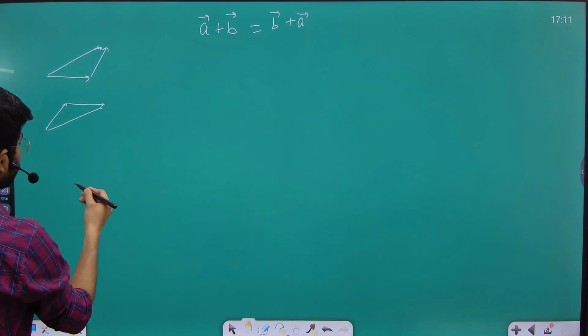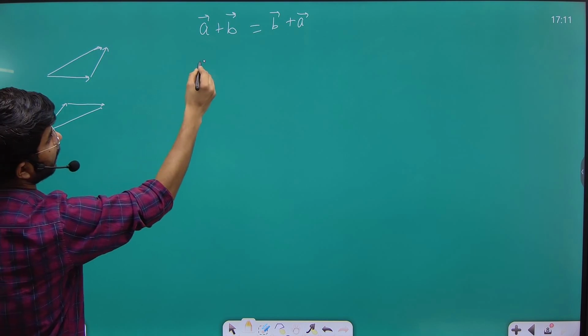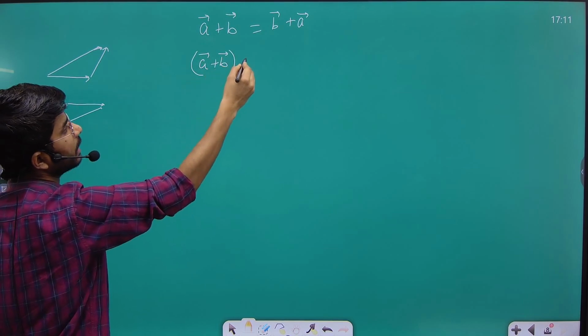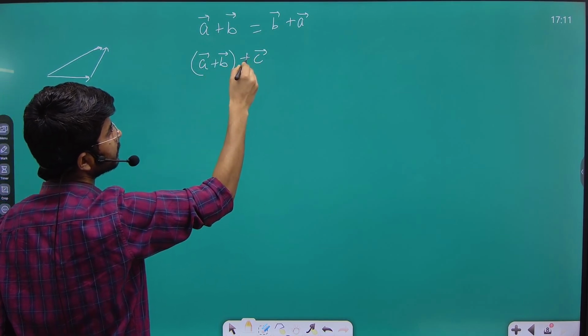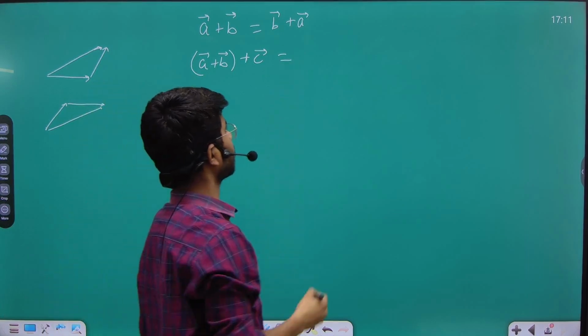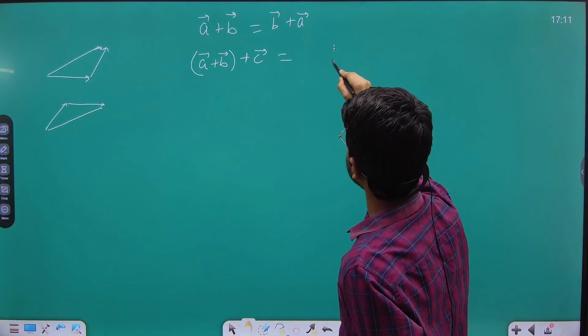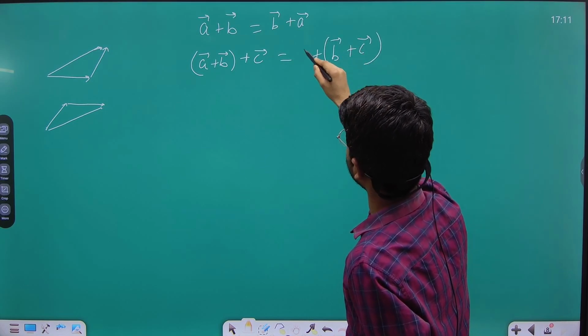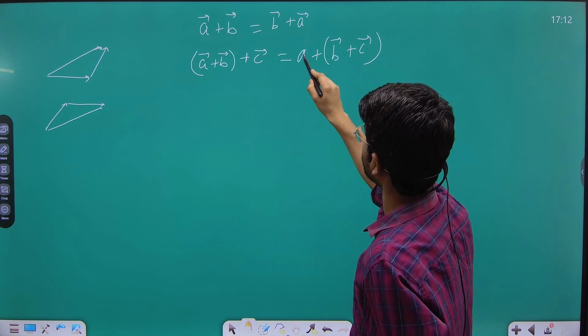Similarly, if you have vectors A plus B added first and then you add some vector C, in that case you can just add the vectors B and C first and then add vector A, and the result would be the same.